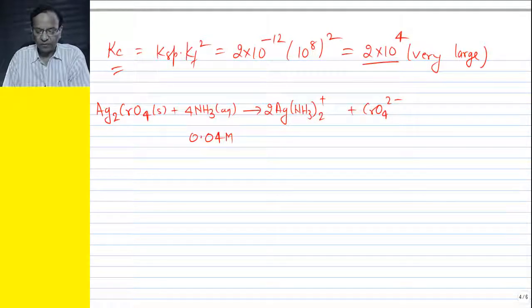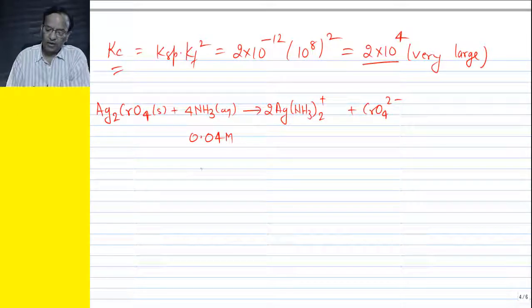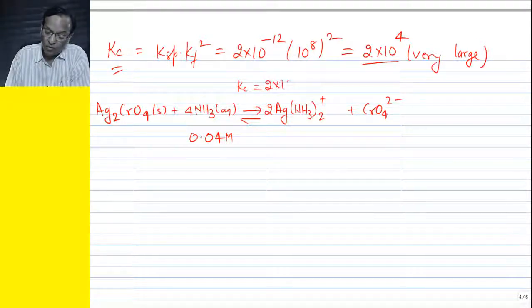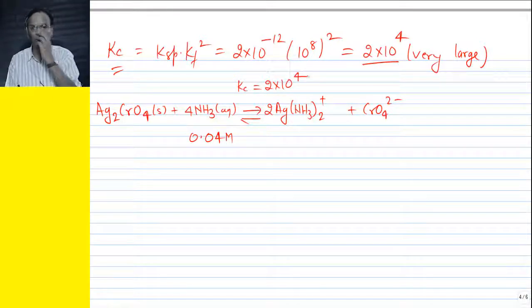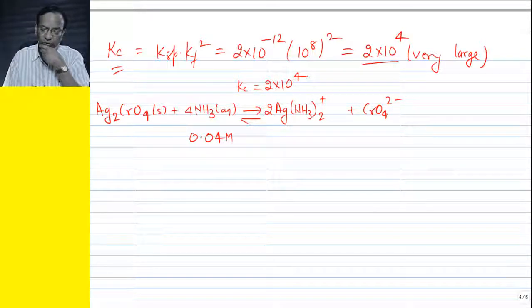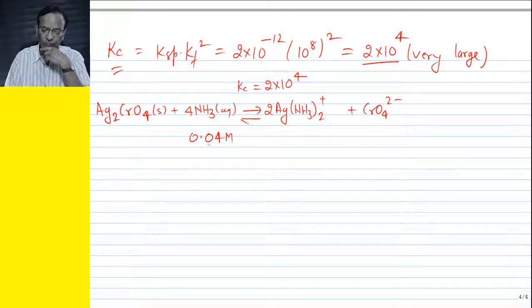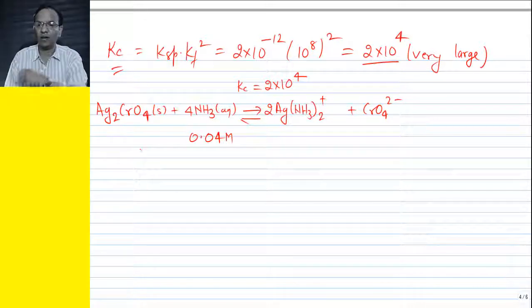Now the question is, what is the molar solubility of silver chromate in 0.04 molar ammonia solution? And for this reaction we have derived Kc as 2 into 10 raised to the power 4, which is a very large value. So we can say that ammonia will be consumed completely, as this reaction will go predominantly to the right, and 1 mole of silver chromate reacts with 4 moles of ammonia.